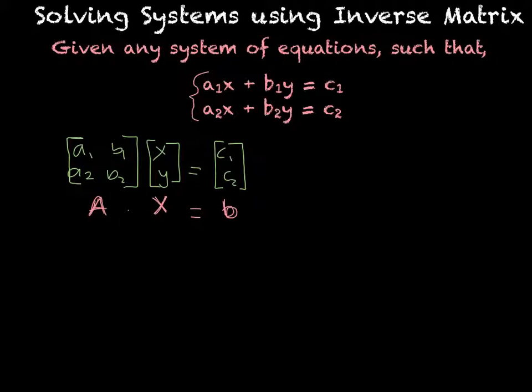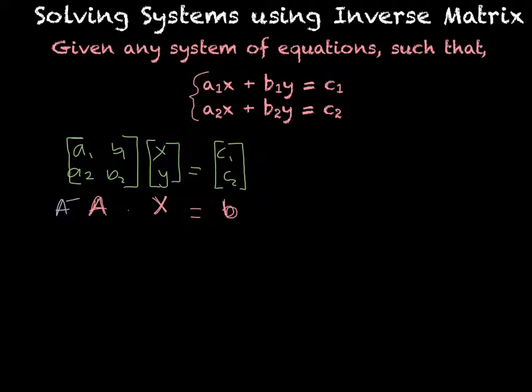Now, if we wanted to actually solve the system, we get rid of the A matrix and move it to the other side, then we can solve for x. In order to move it to the other side, we need to multiply both sides by A inverse.